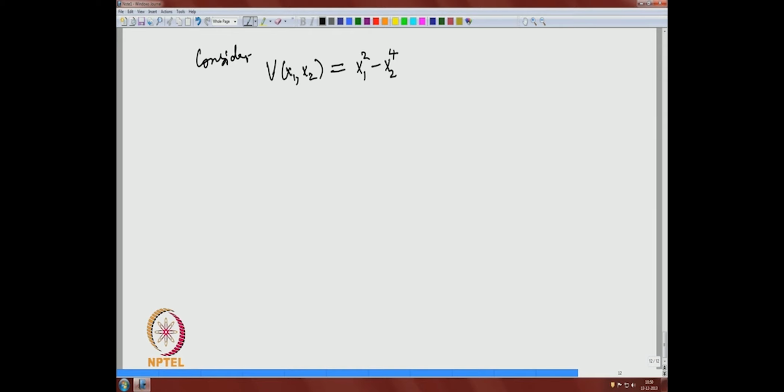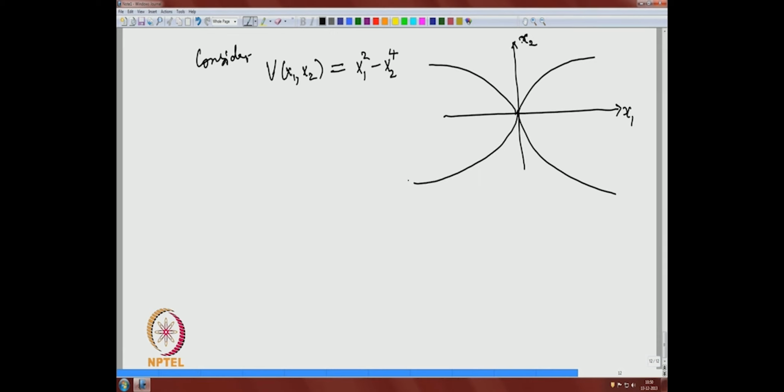However, if you draw this graph in the x1 x2 plane, it is sort of a parabola, but not exactly a parabola. So, it is something like that. It is symmetric. So, these are all the points where V is 0, and inside this V is positive.